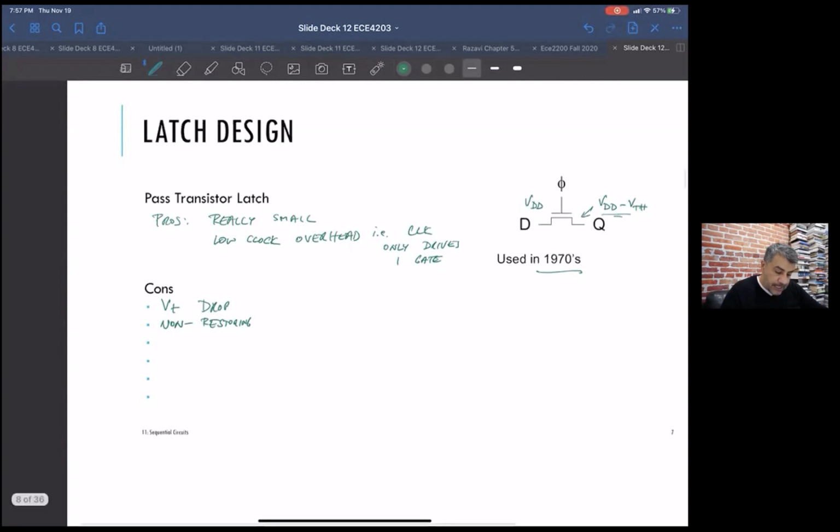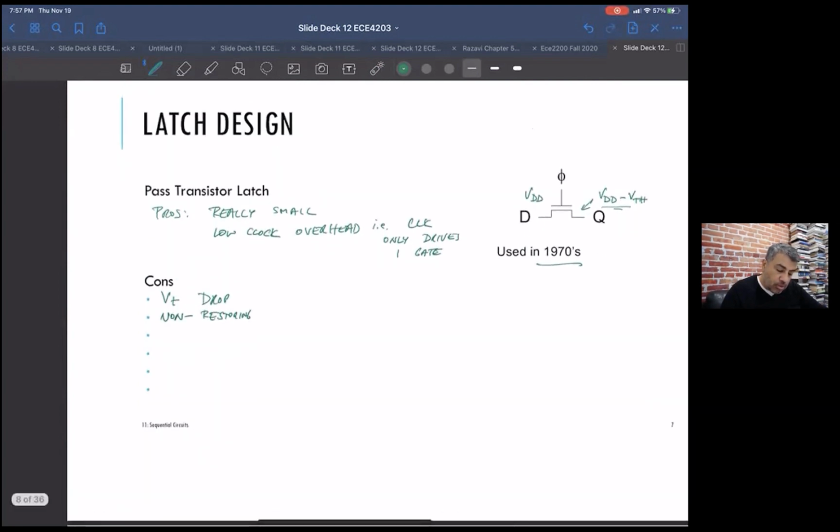You can get so-called back driving. That means if you had some other kind of circuit using this thing with another connection, this guy could back drive into this thing.